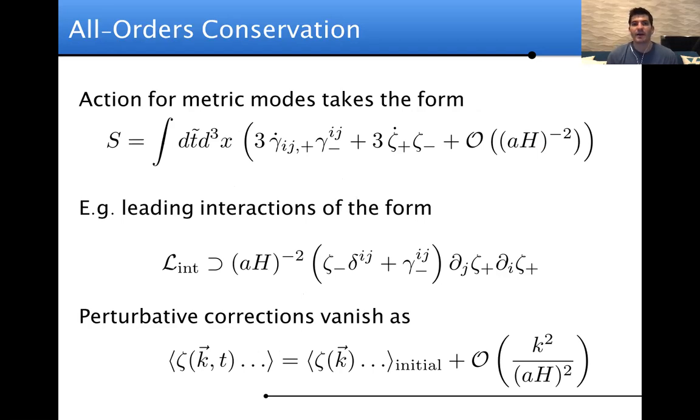Now, this is where the power of the effective theory calculations works. The way in which we regulate our loops preserves power counting. And so when we see that all the corrections are suppressed by powers of k over aH, we're guaranteed that if we do loop corrections in this theory, all of the loop corrections to the leading behavior are also suppressed by powers of k over aH, at least squared and higher orders.